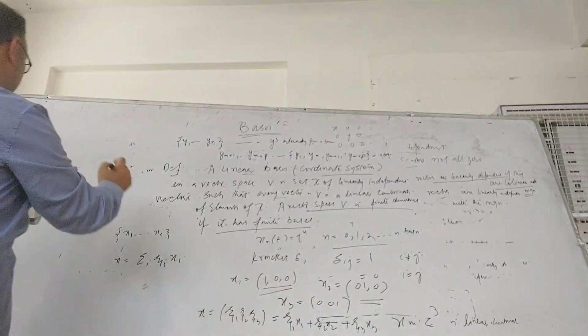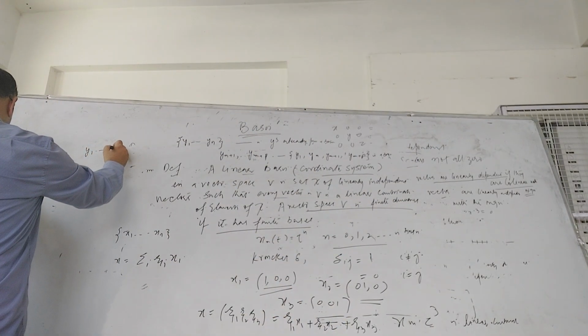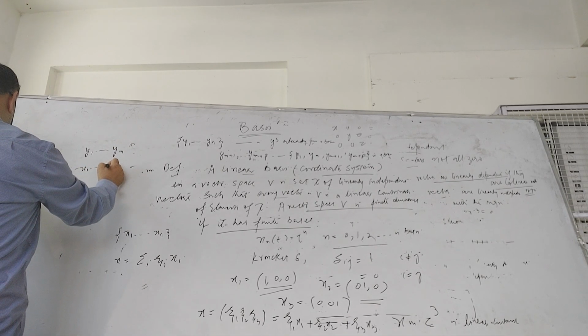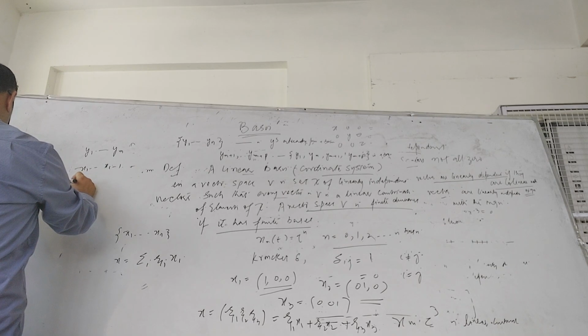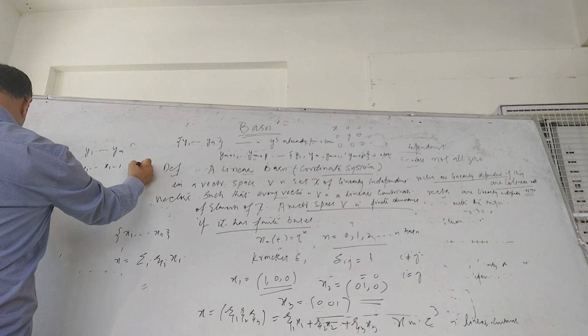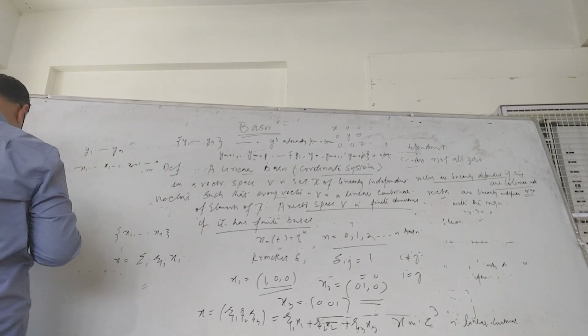Such that, for example, y1, ..., ym, x1 goes to xi minus 1, xi plus 1, it goes to n.